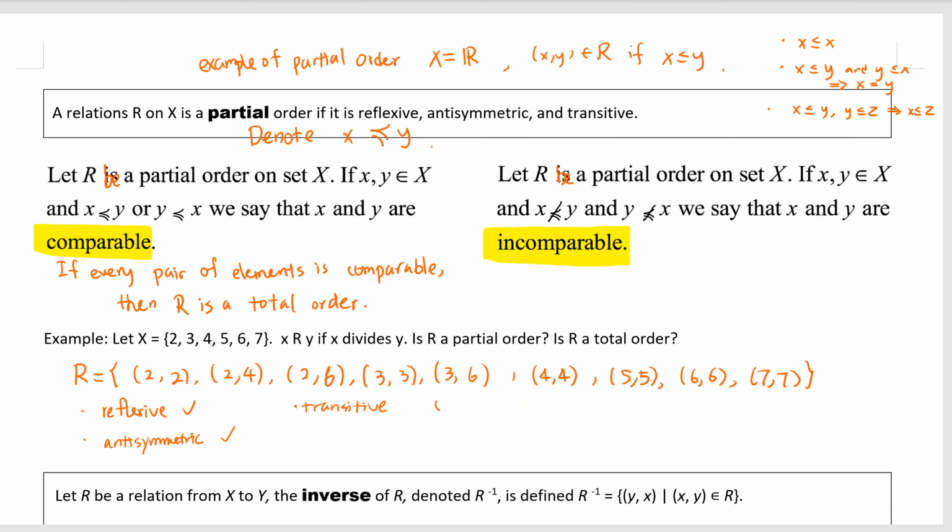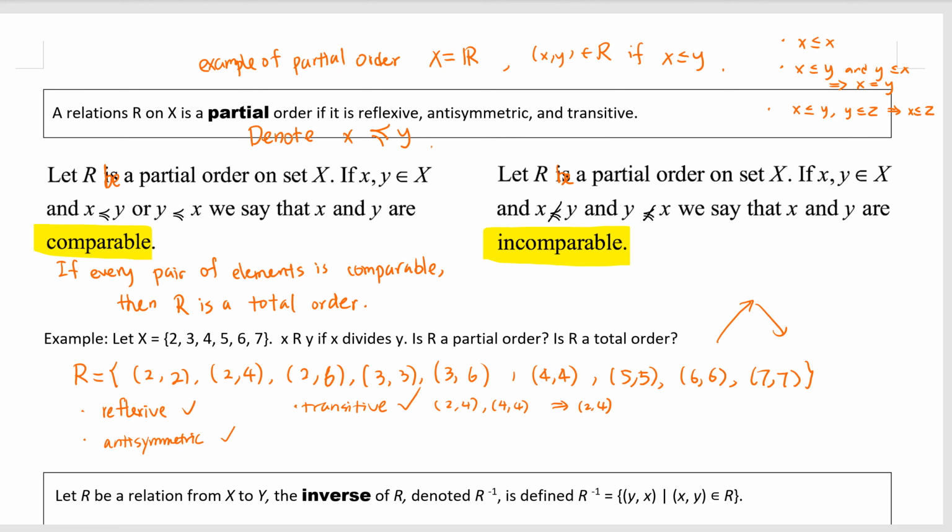The only thing that could work is that (2, 4) is in there and (4, 4) is in there, so (2, 4) is in there, but this is not quite it because (2, 4) is the same element as (2, 4). So here we don't have a shape of this.